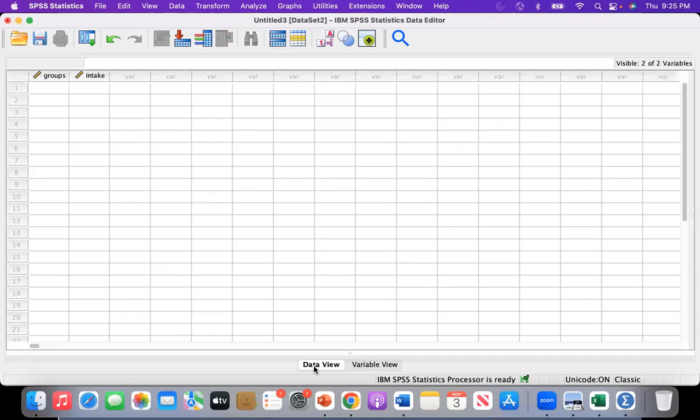Then we're gonna go into the Data View, right here. And then we're gonna enter 1 in the first 6 cells and 2 in the next 6 cells. So we're gonna do 1, then we're gonna go 2.